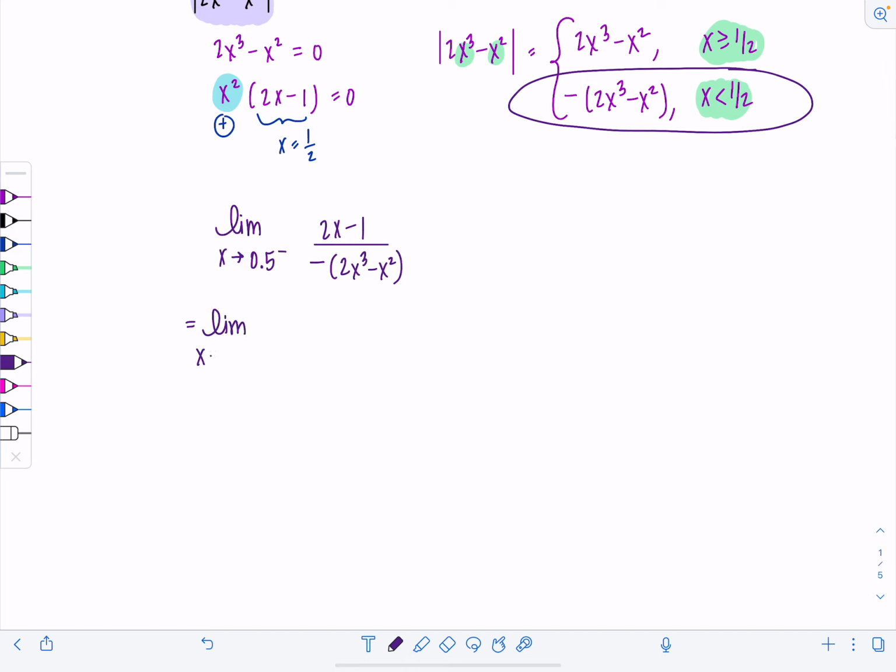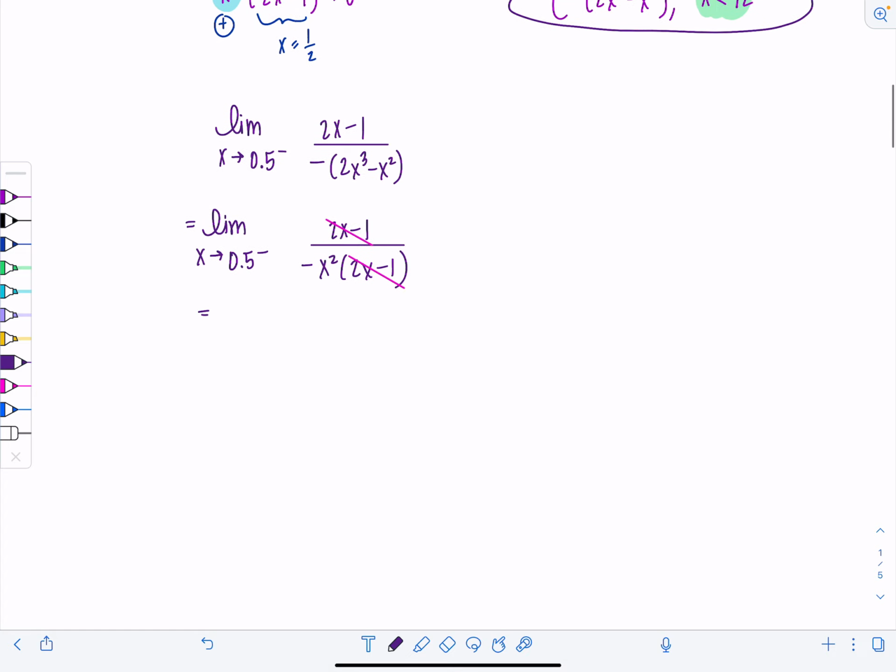So this is the limit as x approaches 0.5 from the left of 2x minus 1 over, and we've already factored that expression in the denominator before, I can take out an x squared, and then I have 2x minus 1 left over. Very nice. Now I can cancel out the 2x minus 1, and then we have simply the limit as x approaches 0.5 from the left.